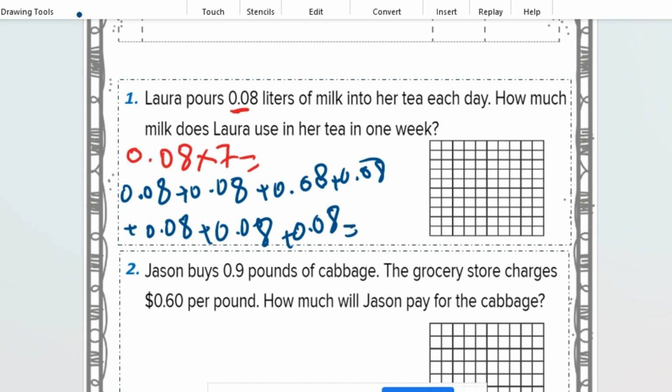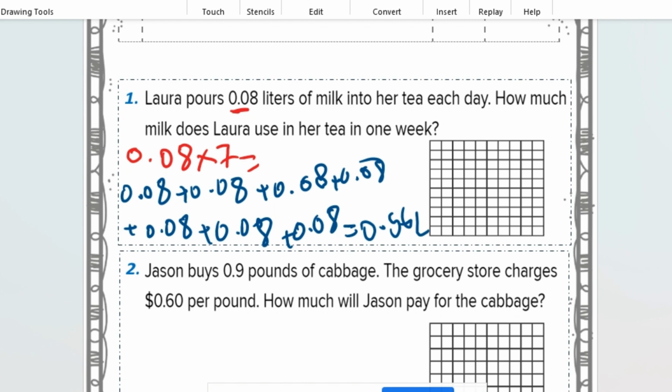This should equal 0.56. We don't forget the liter. So we just add 8 plus 8 plus 8 plus 8 plus 8 plus 8 plus 8. It will be 56.